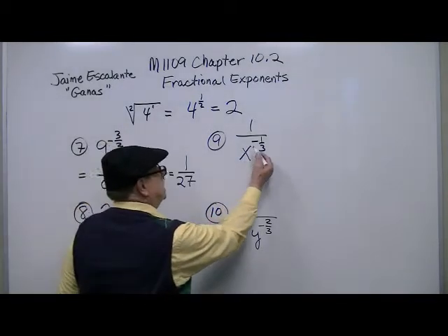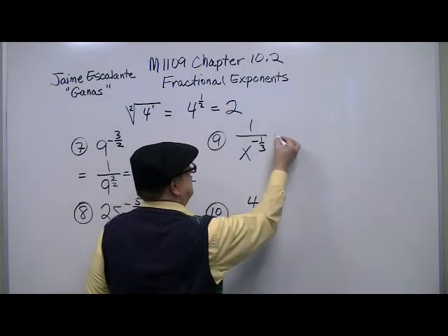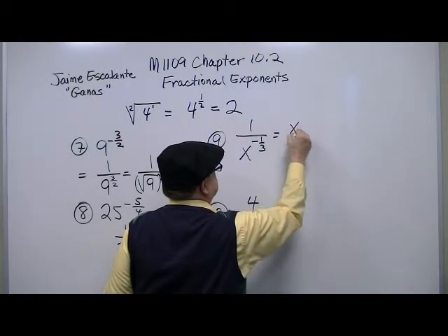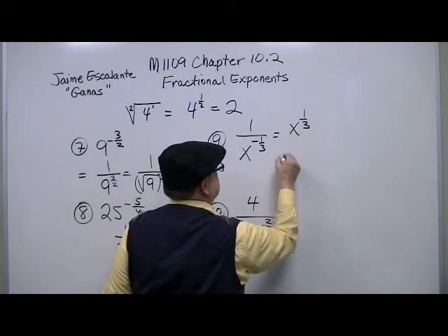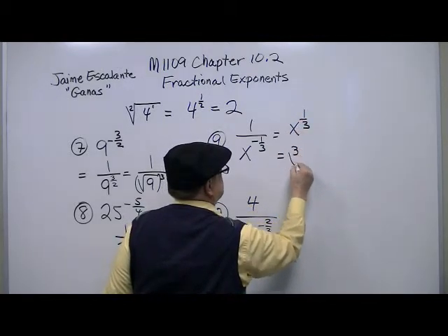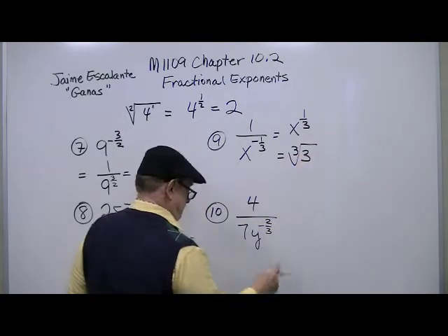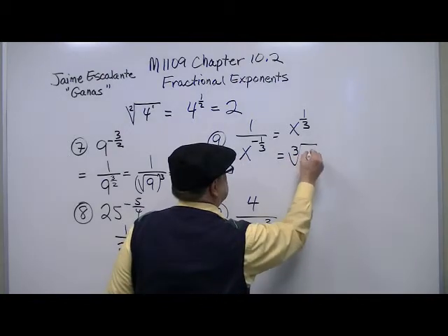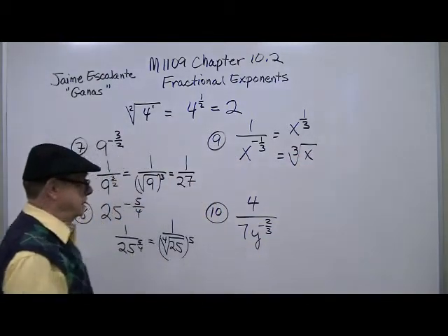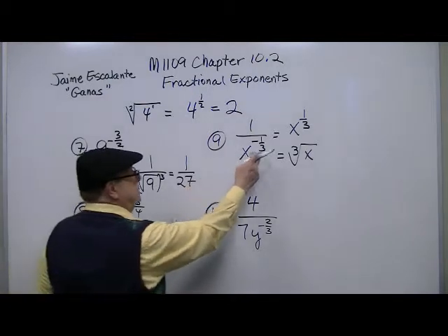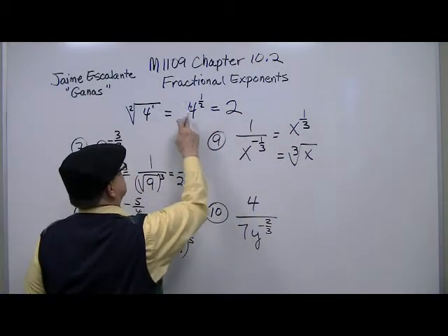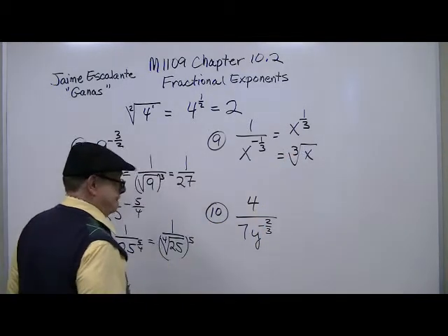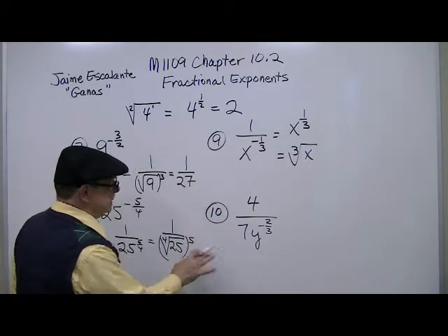And here, when the negative is in the denominator, we just move this up to x to the 1/3 power, which becomes the 3rd root of x. Remember, the denominator of your fractional exponent is your index number. Now 10's a little tricky.